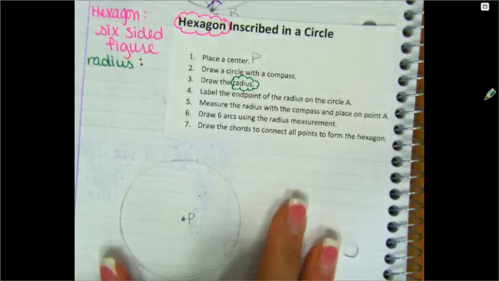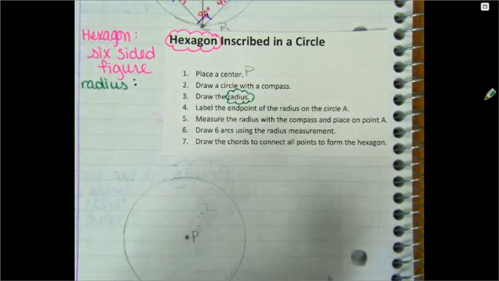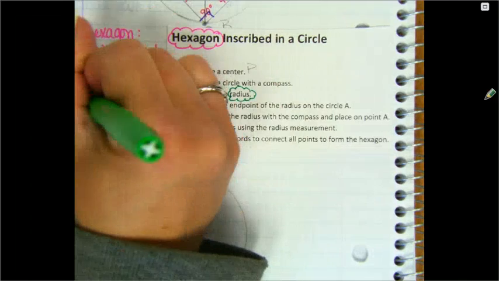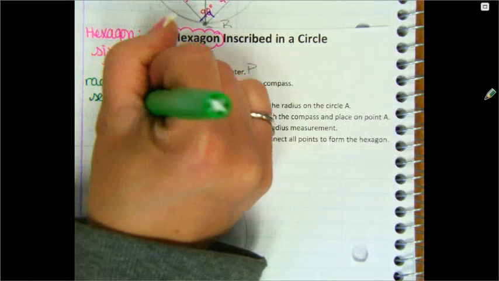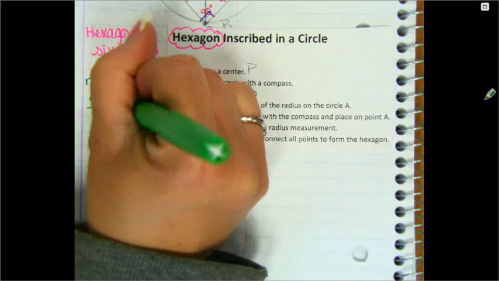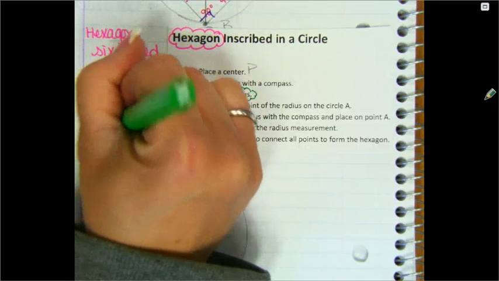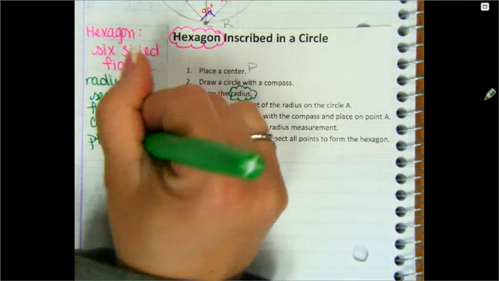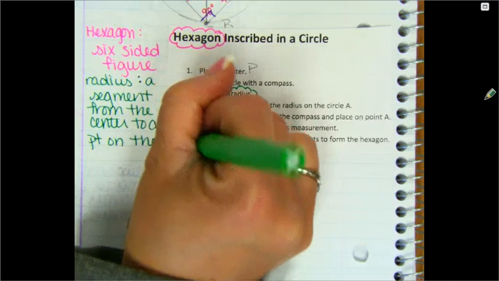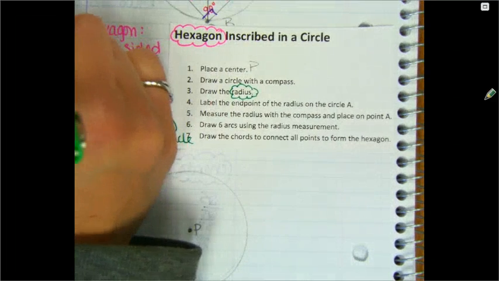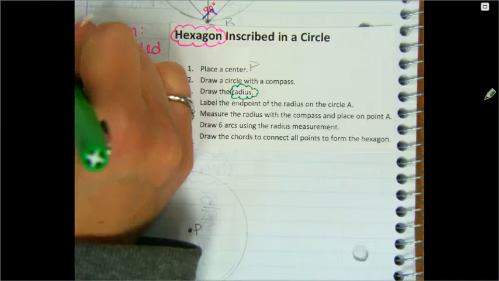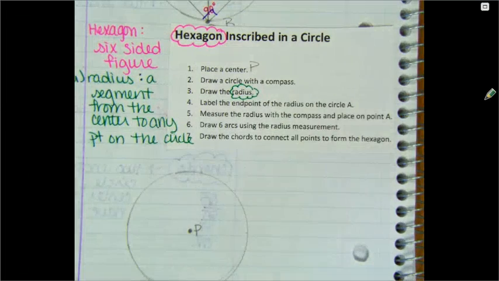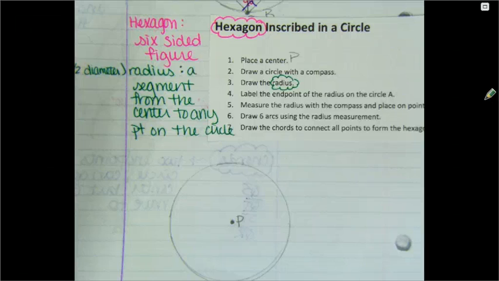A radius is a segment from the center to any point on the circle. So in other words, it's half the diameter, correct? Okay.